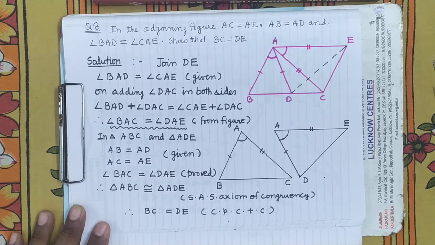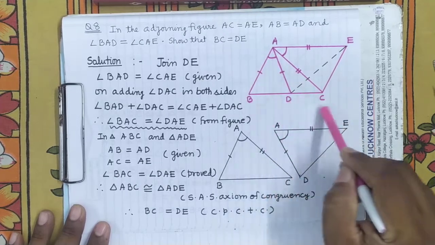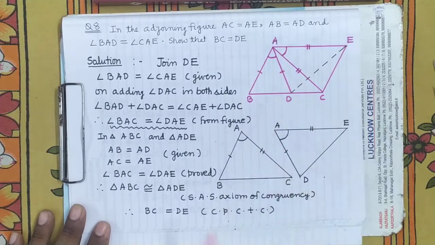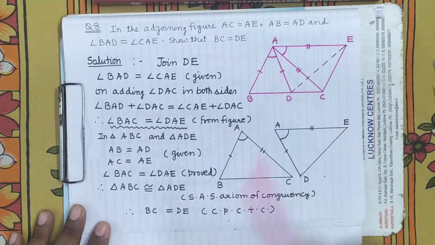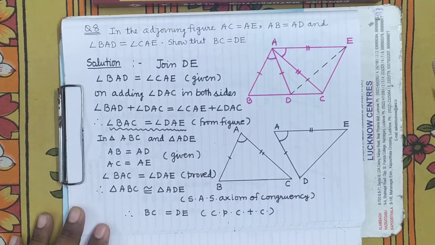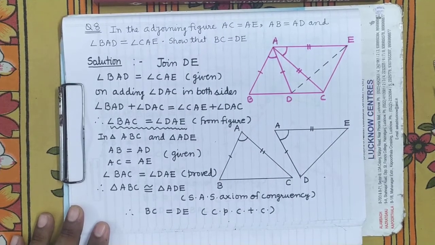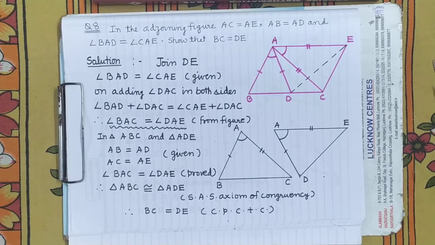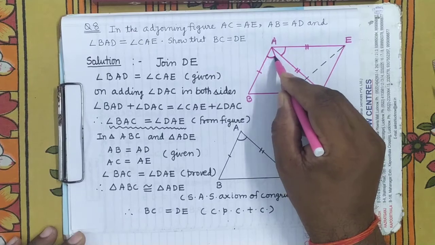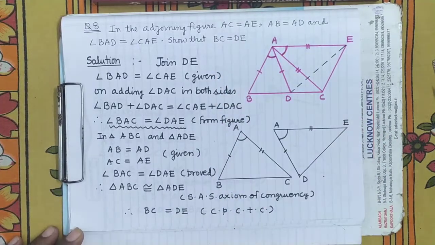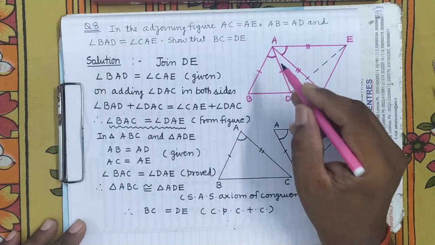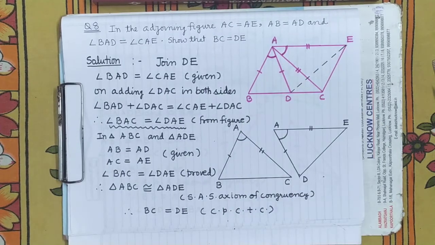Then, you see the pair of equal parts. Triangle ABC contains the first and second, and triangle ADE also contains the first and second. Now, see here, one more thing is given. In both the triangles only sides are given equal, so you add this much part in both the triangles.